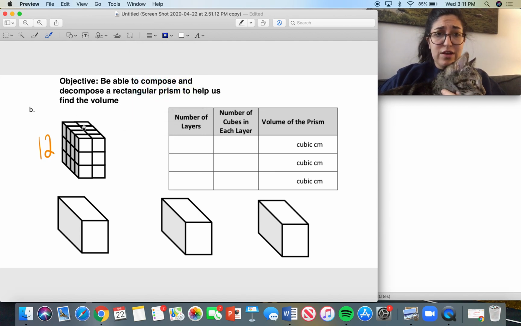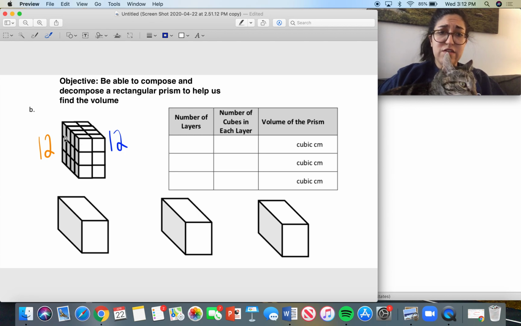Now, if I look at this other side, I can see 1, 2, 3, 4, 5, 6 blocks. But just like Delilah and Juliet had said before, these 3 blocks can't be hanging out on nothing. They need to have something below them. So even though I can't see them, I know that there's another block for every block that's here that's sort of holding up these top blocks. There's a block here. So there will be another 12 total blocks on this side, right?